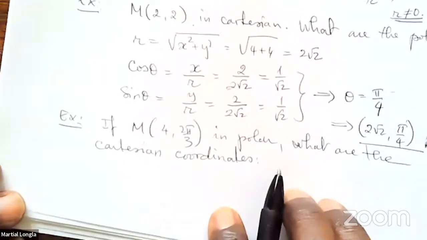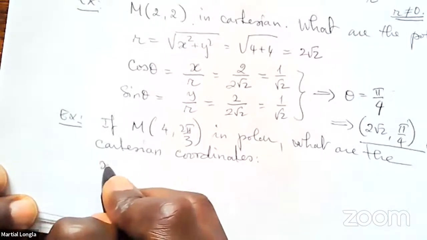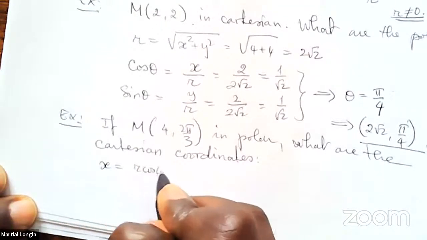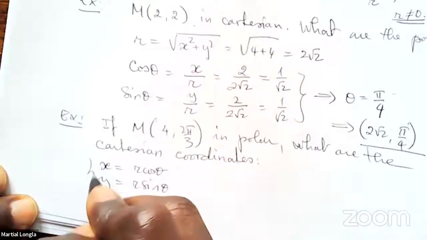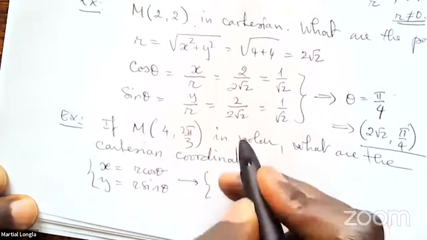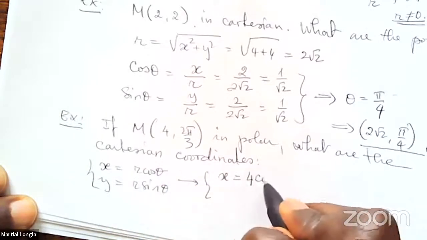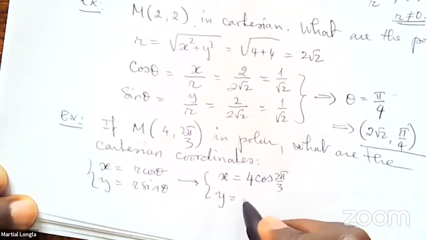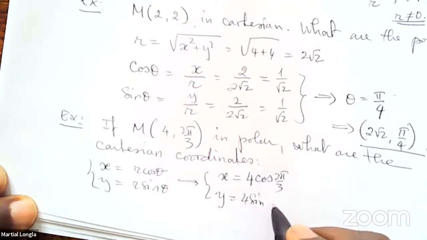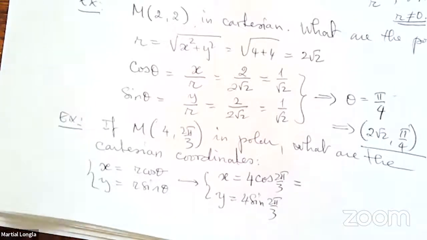The way you find that is by using the formula x equals r cosine theta, y equals r sine theta, leading to x equals, r is 4, theta is 2 pi over 3. So cosine of 2 pi over 3, that's negative.